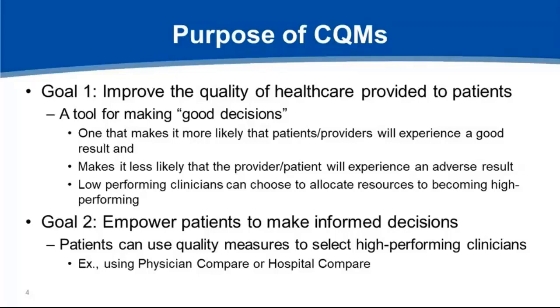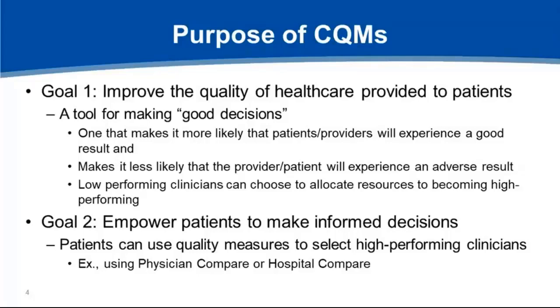Second, measures can also be used to empower patients, to help them make informed decisions about where to go for care through public reporting. It's important to us that patients not only make decisions using cost information, but that they have quality information to balance the cost information as well.